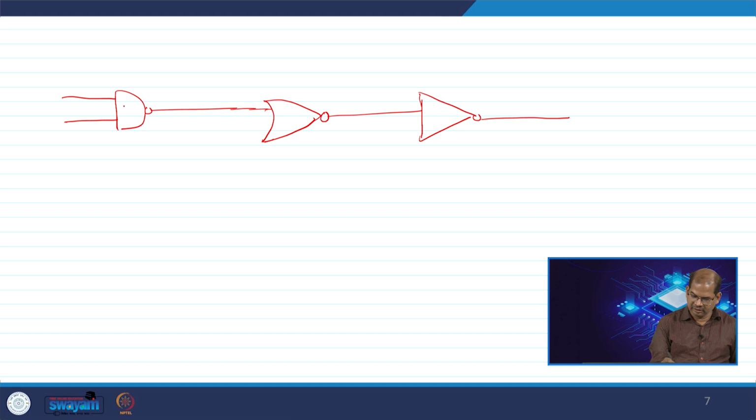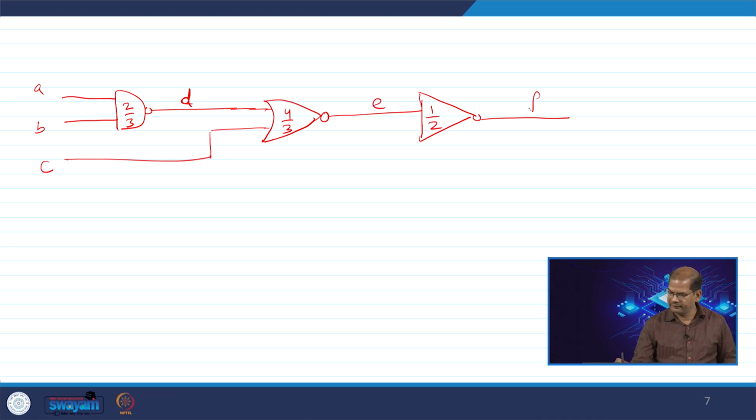Here delays are 2 by 3, 4 by 3, 1 by 2, then I have A, B. So, this is the D, this is C, this is E, this is F. Now, I need to write down all the arrival time and slack.